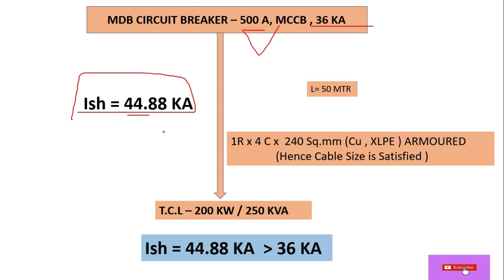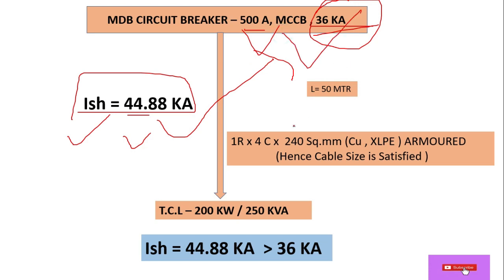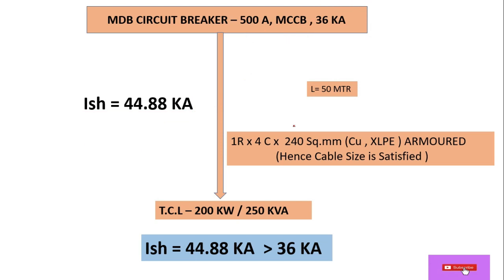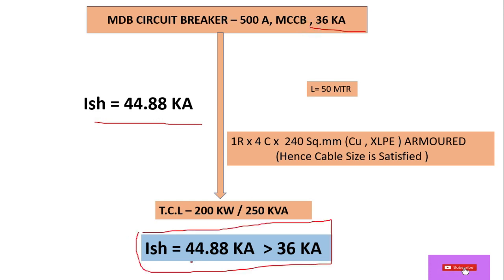When we finalize the cable, we always consider that our calculated short circuit current should be greater than the breaking capacity of the circuit breaker of the particular feeder. As you can see over here, this is 44 and this is 36, which is the calculated short circuit current of the 240 square mm cable.